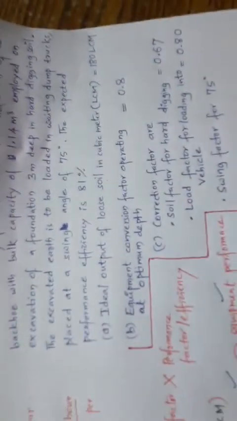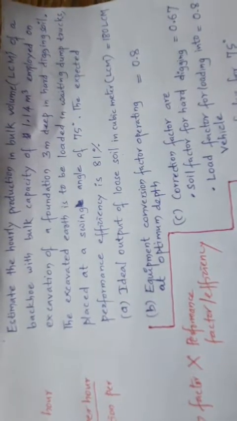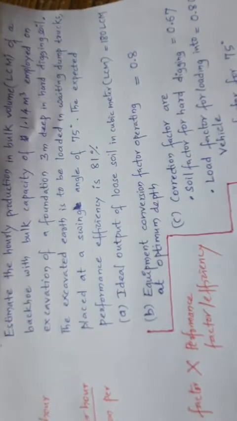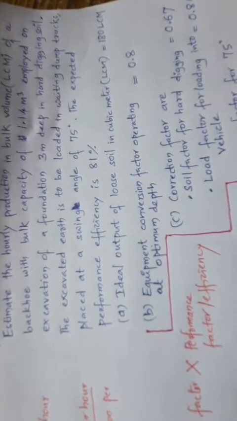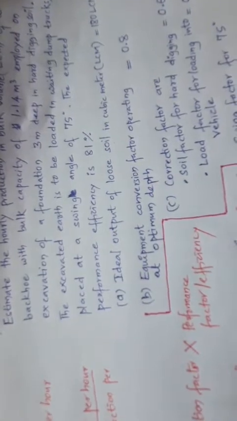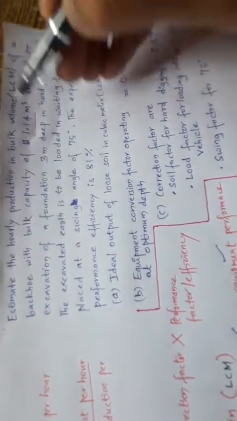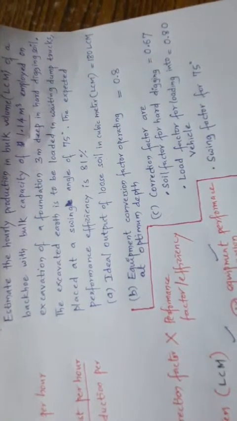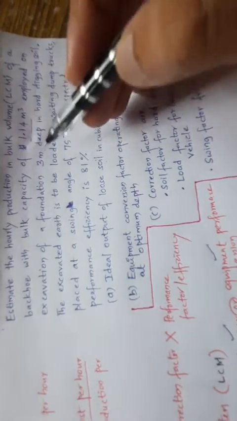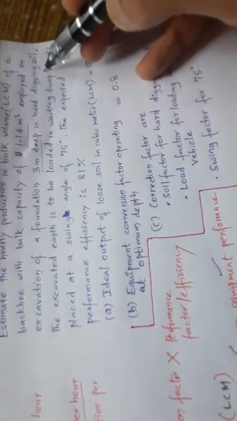So here is the problem. Estimate the hourly production of bulk volume, LCM, that is loose cubic meter, loose soil in cubic meter, of a backhoe with a bucket capacity of 1.14 meter cube, employed on excavation of foundation of 3 meter depth in a hard digging soil.